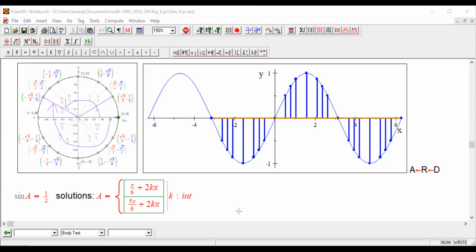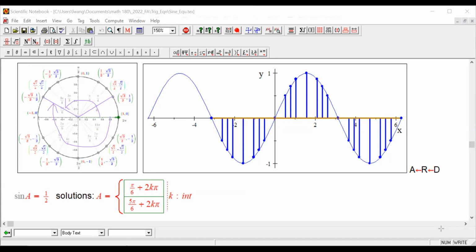Are there any shorter ways to express it? I think that's it. So from D to R to A, DRA. Solving an equation like this, a sine equation, or in the future cosine equations, is just from D to A.